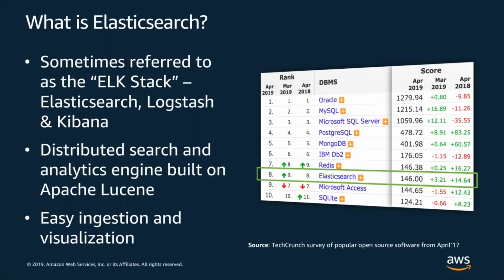It's easy to get up and running, it's easy to get your data in, and it's easy to build visualizations with Kibana. All of that has really been driving a ton of popularity for Elasticsearch, as we said. You can see here from DB Engines, as of, I believe, April of 2019, Elasticsearch sitting number 8 overall on the rank of database engines.